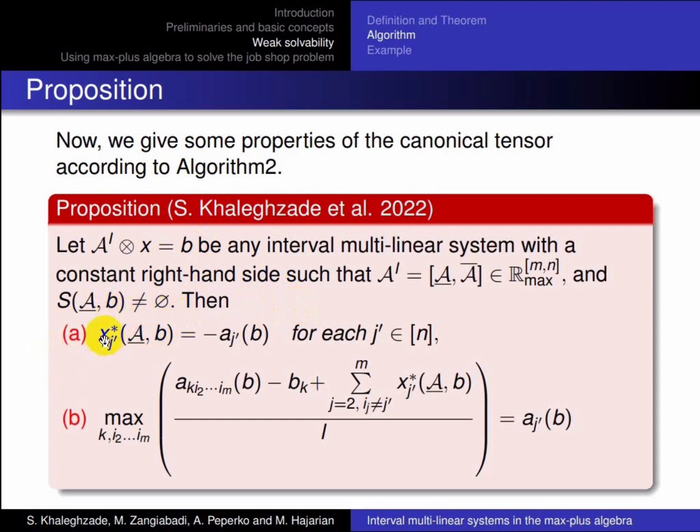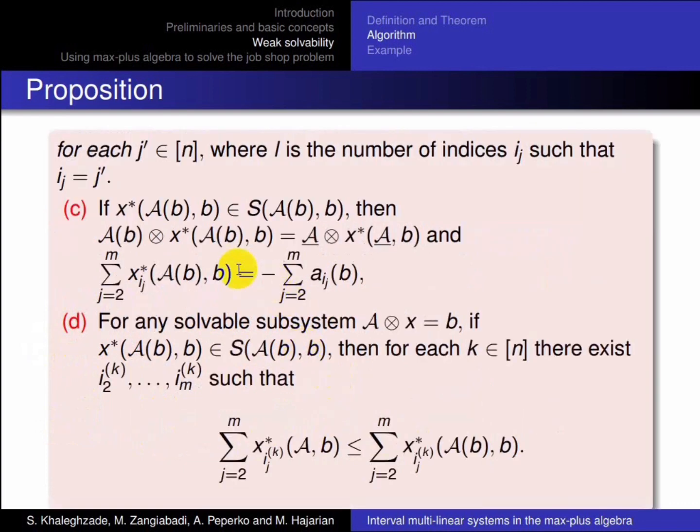So we have 4 items: item 1 equals this expression, item 2 equals these equations, item 3 equals these amounts, and item 4 has this inequality.